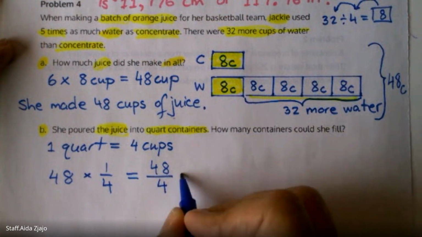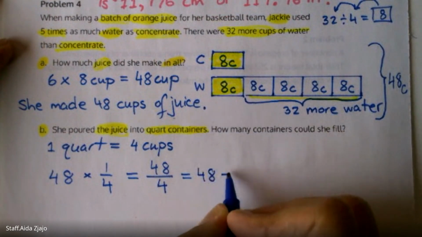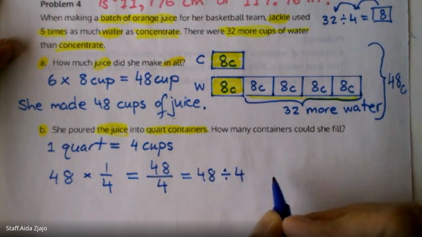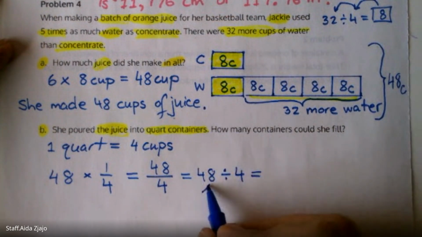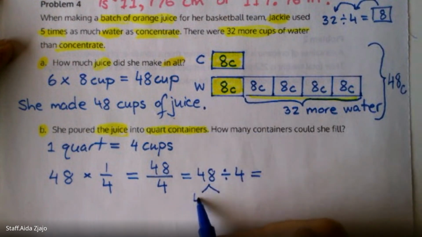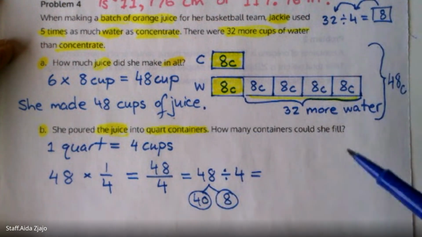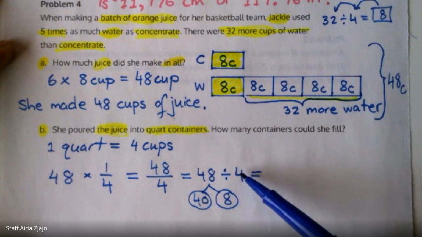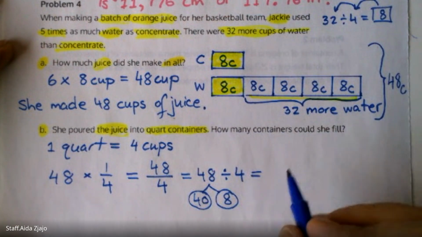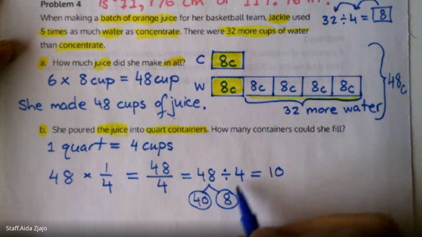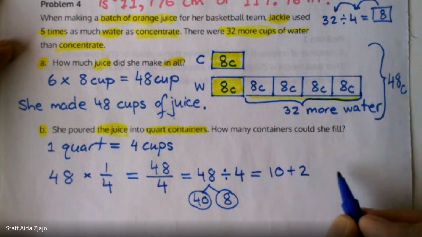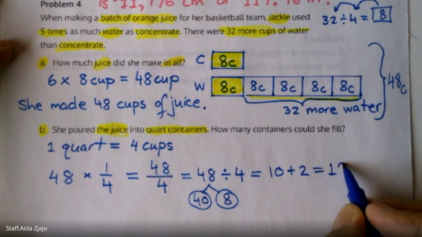You can break this apart into 40 and 8, and then divide. 40 divided by 4 is 10, and 8 divided by 4 is 2, so together it is 12.